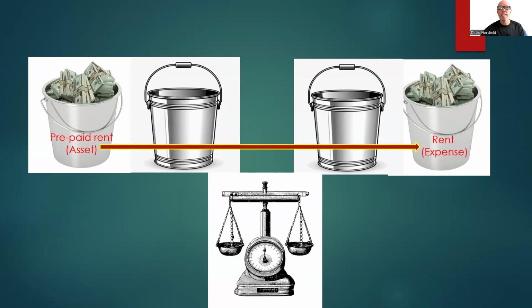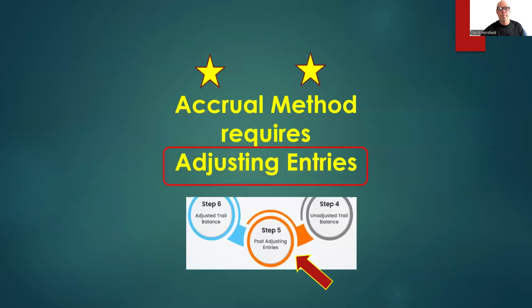So we're creating this balance and harmony where we're dropping the money into a couple of different buckets along the way. We've got this expense bucket that we're starting to fill up. So the money is going to transfer through these adjusting entries from the prepaid rent asset bucket into this rent expense category.